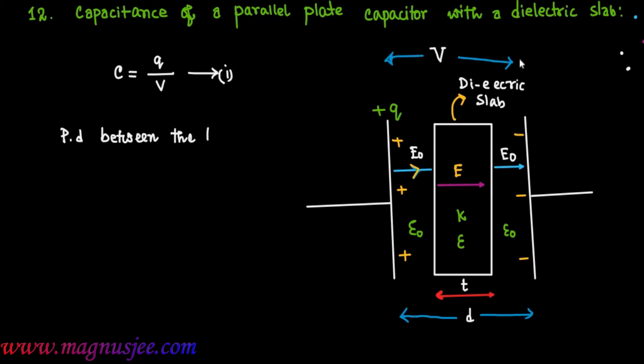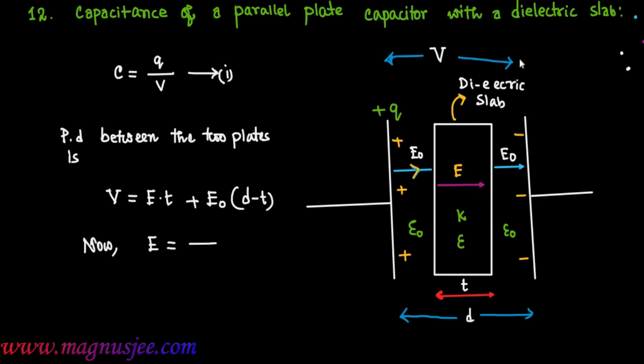and potential difference between the two metallic plates of the parallel plate capacitor is given by V equals E dot t plus E0 dot (d minus t). E is the field intensity acting inside the dielectric slab, and E0 is the field intensity acting outside the dielectric slab, that is field intensity acting in vacuum.